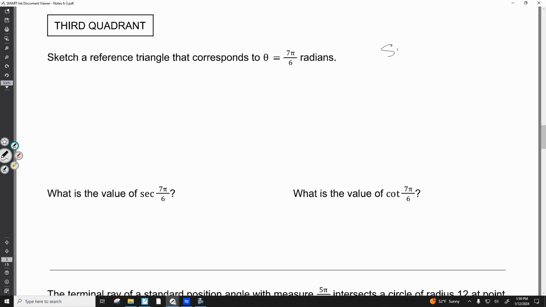What's the sine of 7 pi over 6? What's the cosine of 7 pi over 6? Now, maybe do this next one by writing everything down. But after doing this enough times, you can get to the point where you can do everything in your head.